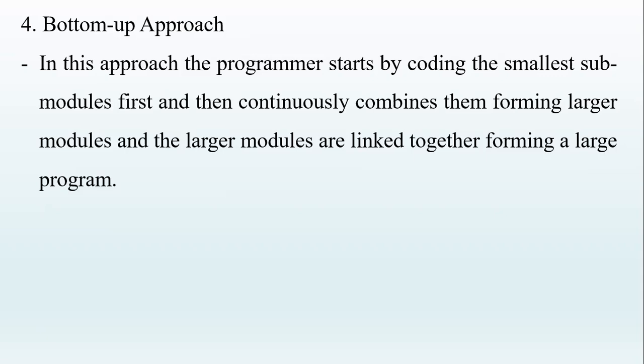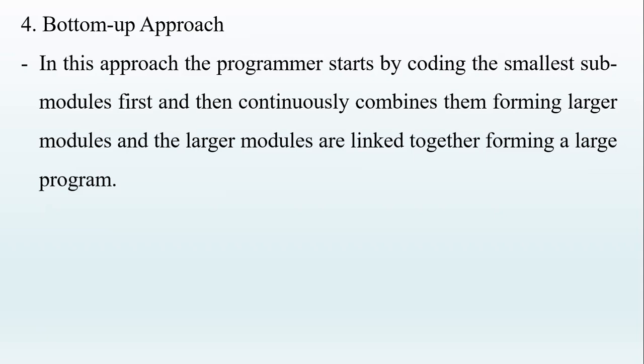Once that module is over, you move on to the next module on evaluating students or assessments. And then once the two modules have been successfully developed, they can be put together or combined to form a system for the institution that can be used to both admit and assess or evaluate the students.